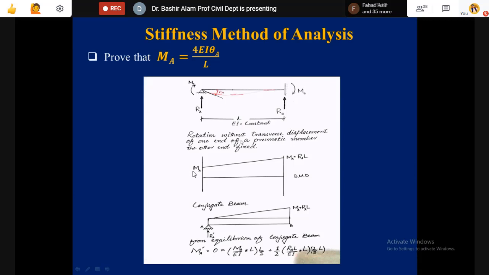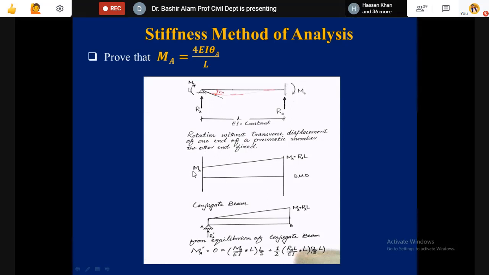Now there is rotation without transverse displacement of one end. There is no translation, but only rotation is given, and the far end is fixed. This is the situation. Now, to draw its bending moment diagram, we will be using the conjugate beam method to find out the actions produced, or to relate the thetas and these things.